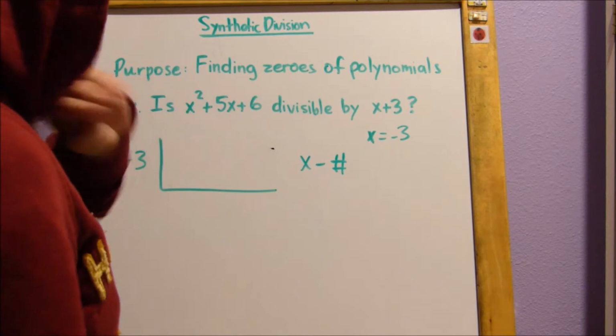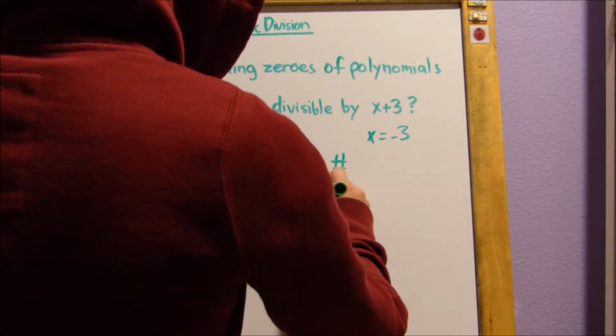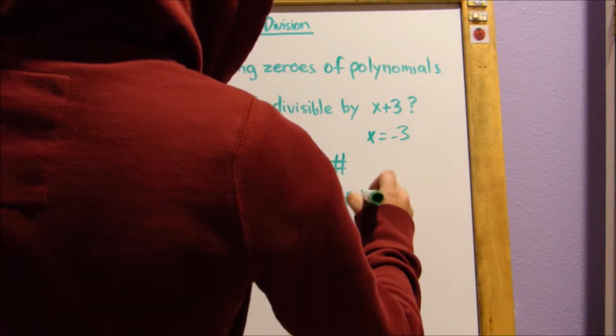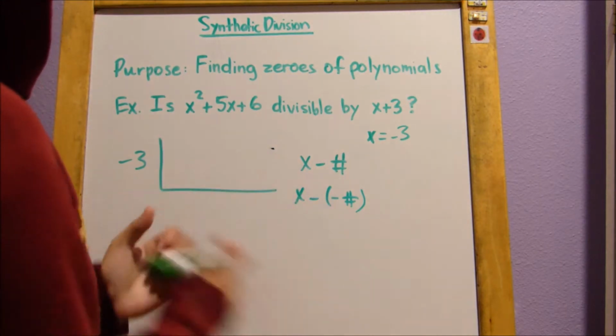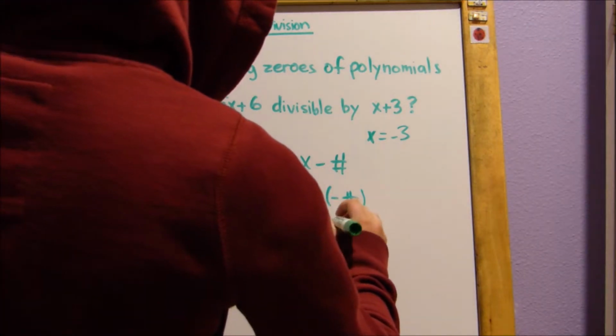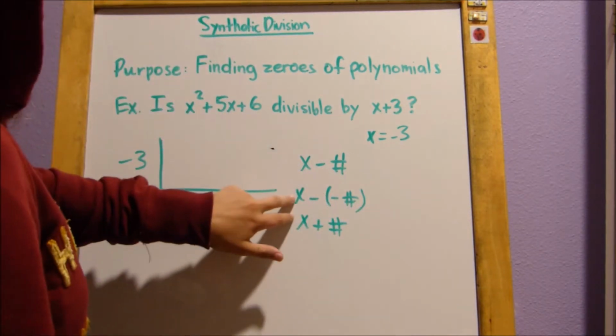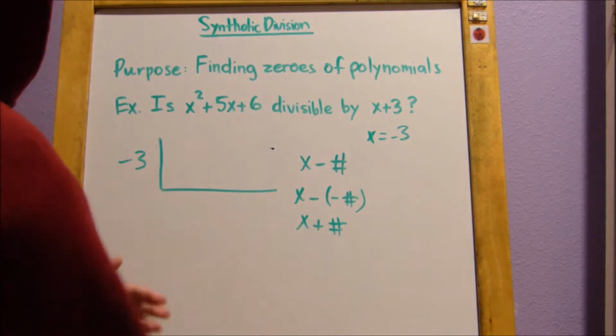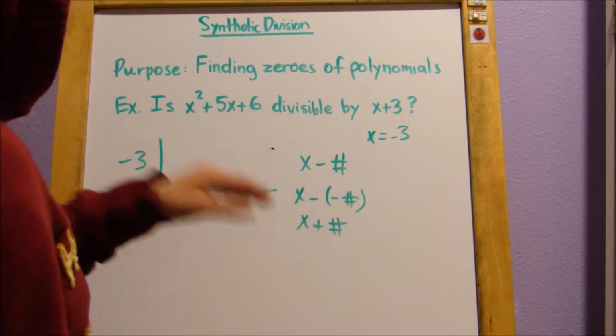Now when you have x plus 3, you're going to have to rewrite that as x minus negative 3. You know that the negatives combine to form a plus, so these two are the same thing, but you have to have that negative number, right?